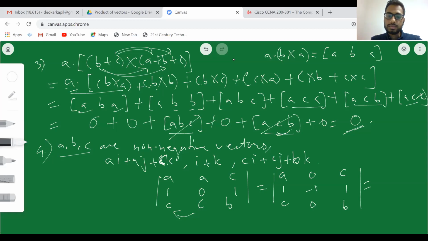And this is C into 0 minus of minus C, so that is going to be plus C, so C into C, C square. So after expansion, I'm going to get minus AB plus C square. Therefore, I can say that C square is equal to AB, which means A, B, and C are in geometric progression.